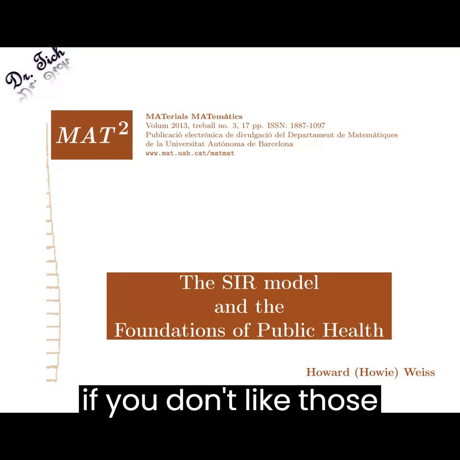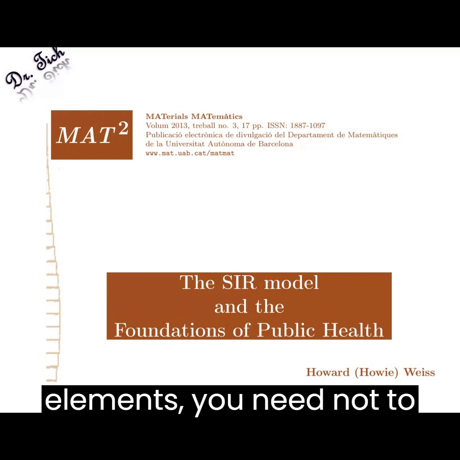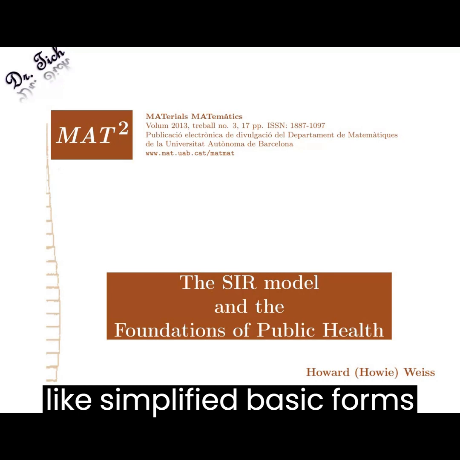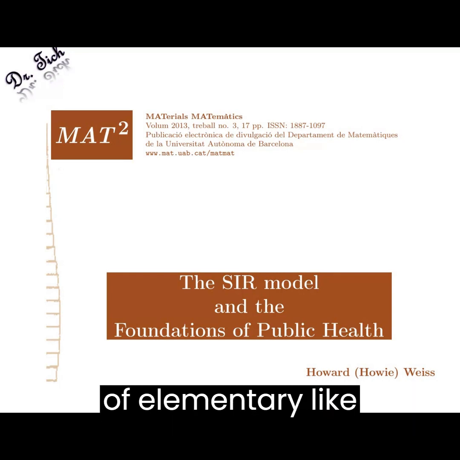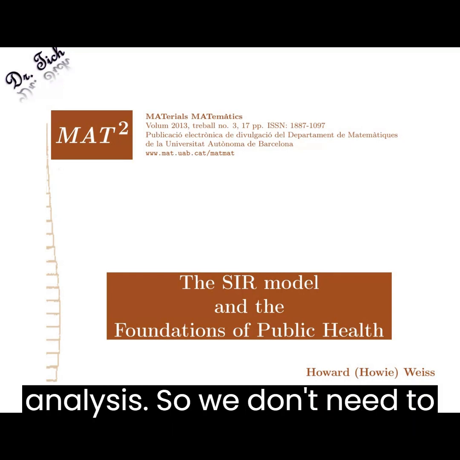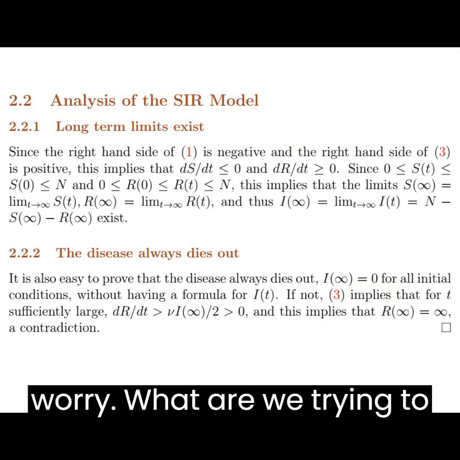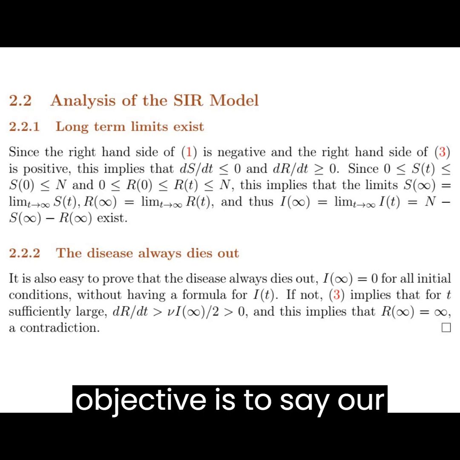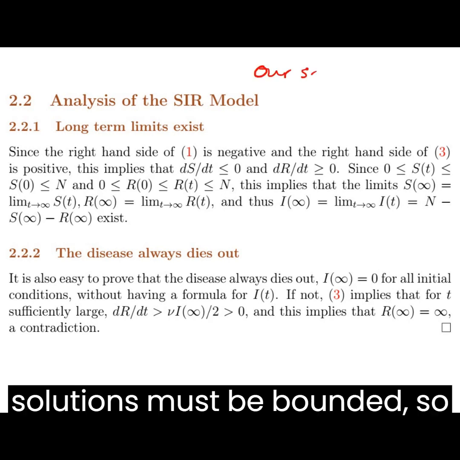And if you don't like those elements, you need not worry, because these are the simplified basic forms of elementary analysis. What are we trying to do? Remember, we said our objective is to show that our solutions must be bounded.